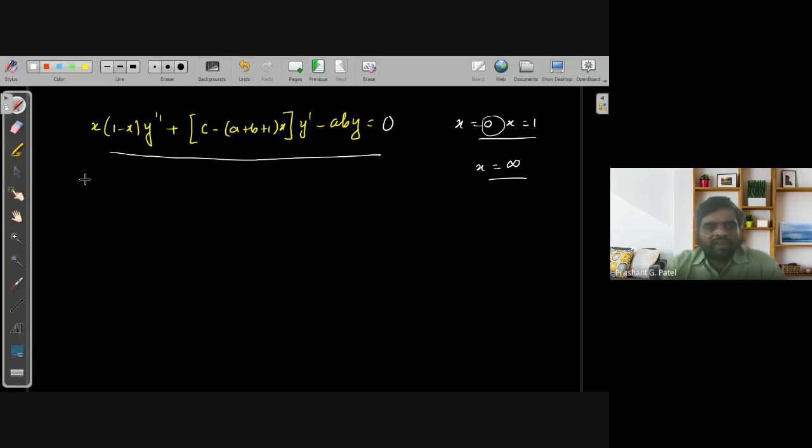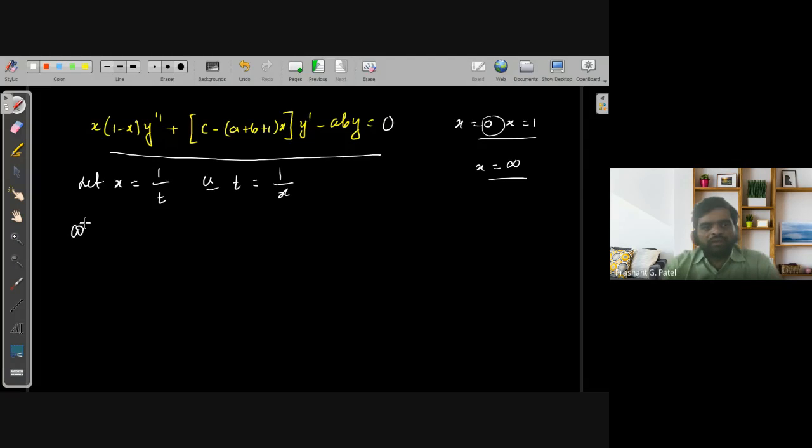So for that, let us consider x equal to 1 upon t. That means t will be 1 upon x. Now we will convert this differential equation into this x equal to 1 upon t.